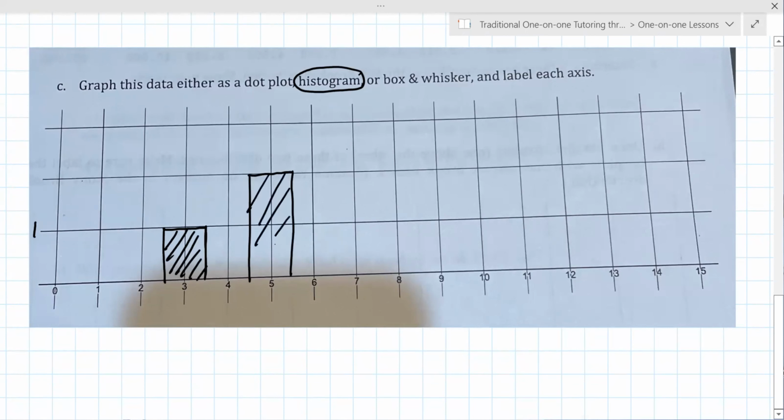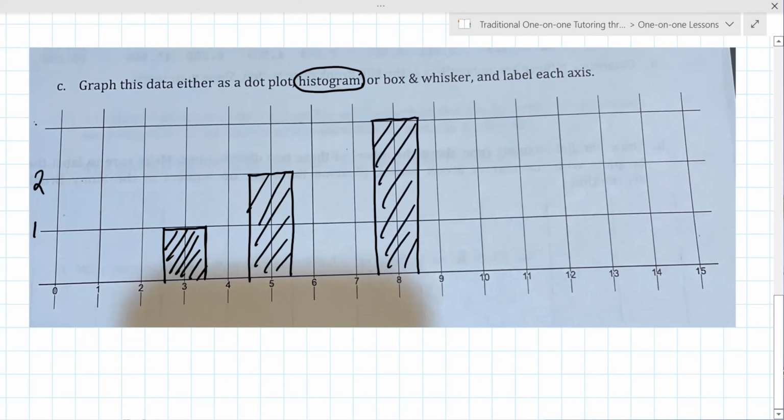So you do the same thing there. There are 3 8s. And there are 3 9s. 1 10. And 1 14.